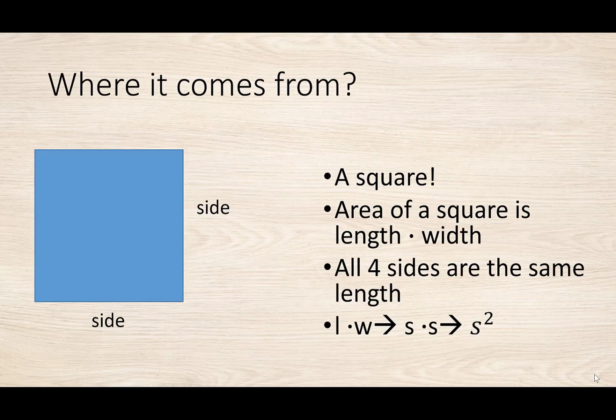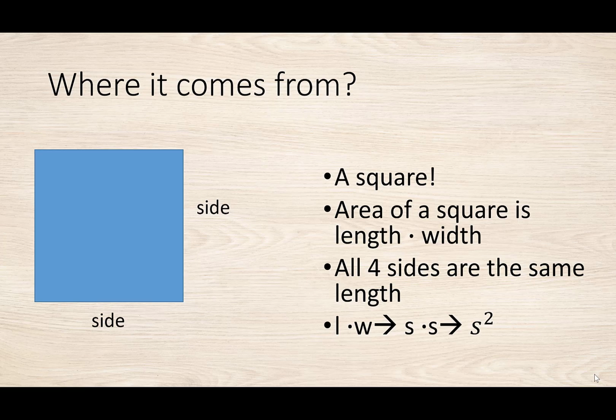For this class, we are specifically looking at squares, right? The exponent with the power of 2. And so where does that even come from? Well, it actually comes from a square, right? When we take the area of a square, we take the length times the width, which we all know. But remember that a square has 4 sides that are the exact same length.